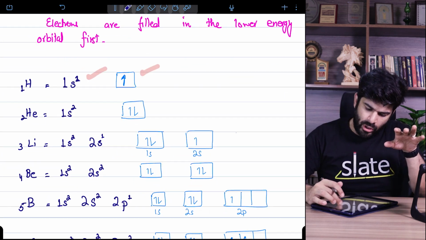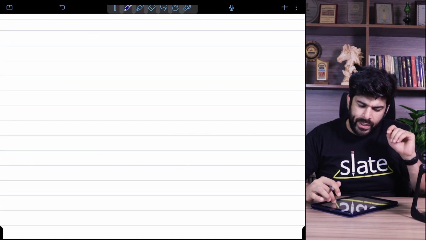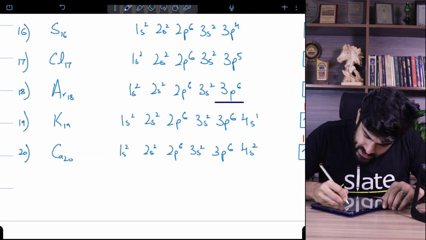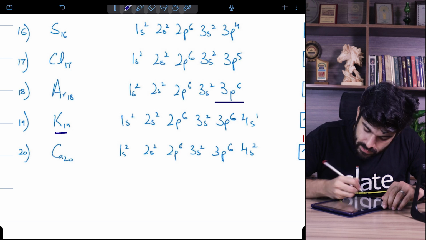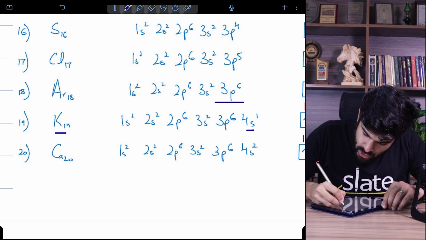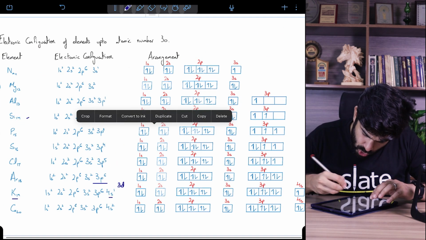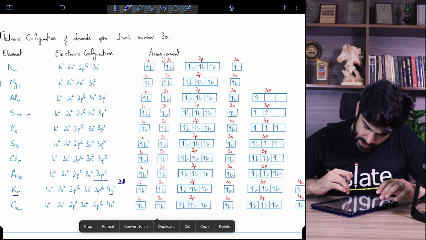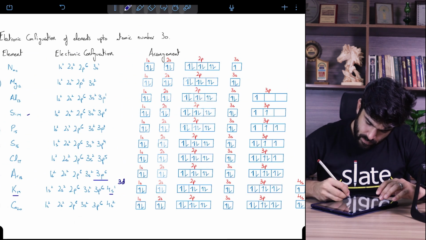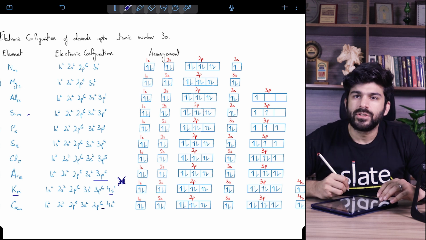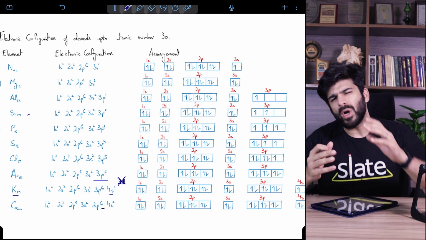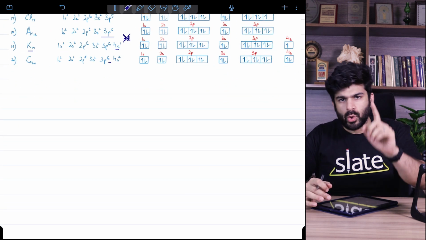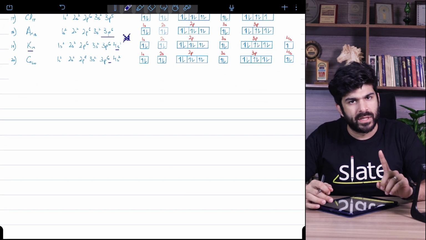In order to fill the electrons, what do we do? If you note, after 3p, for potassium there is a 4s. Not a 3d. There is no 3d here. It is a 4s. Same is the case here. So what is happening? The rule is that electrons fill the lower energy orbitals first.